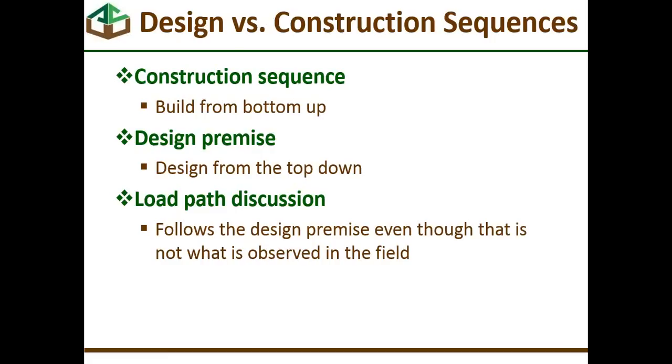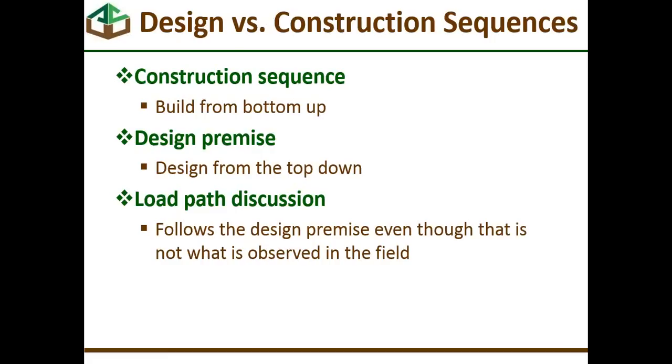So at least from looking at load paths as they are built, sometimes it's not quite so obvious that there could be a load path continuity issue until you get it built all the way to the top. And I know that I've done enough inspections, and I'm sure you all have too, where you would think that some concentrated load would be easy to be picked up in the framing and it would all be done correctly.